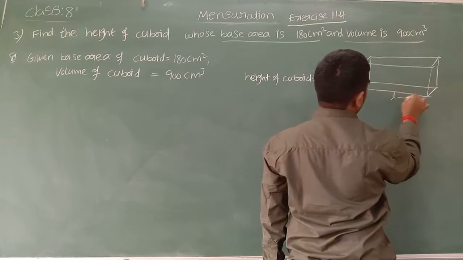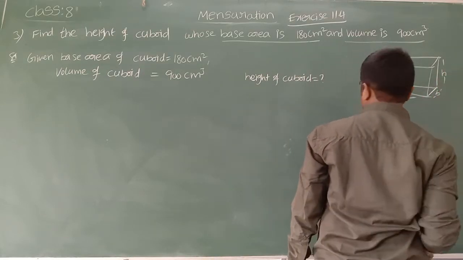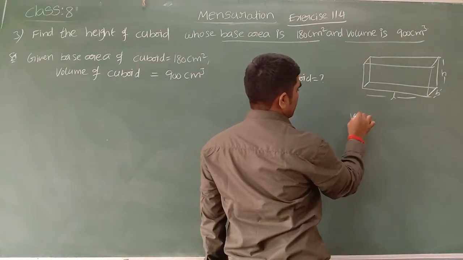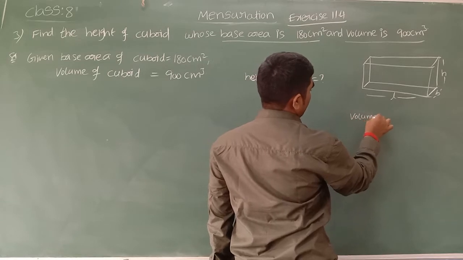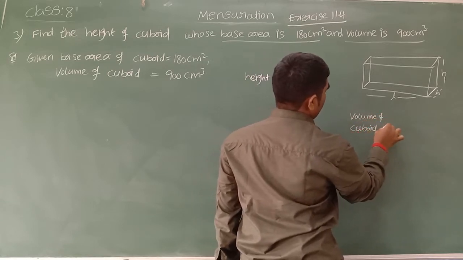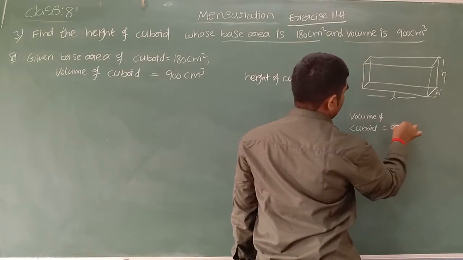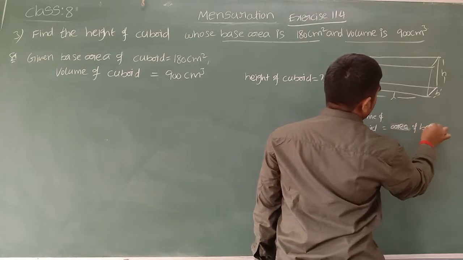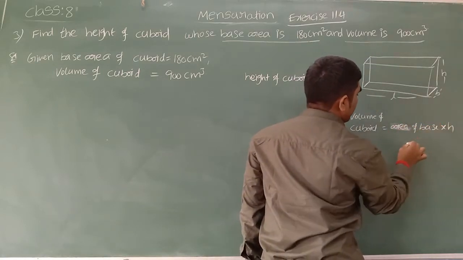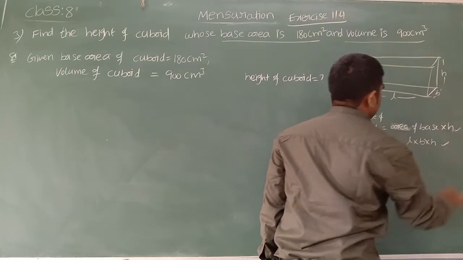So a cuboid has three dimensions: length, breadth, and height. See, to find the volume of a cuboid, we have two formulas here. What are the formulas we know, beta? So we know area of the base into height, or the area of the base is called L into B, so L into B into H. So these two formulas we have.